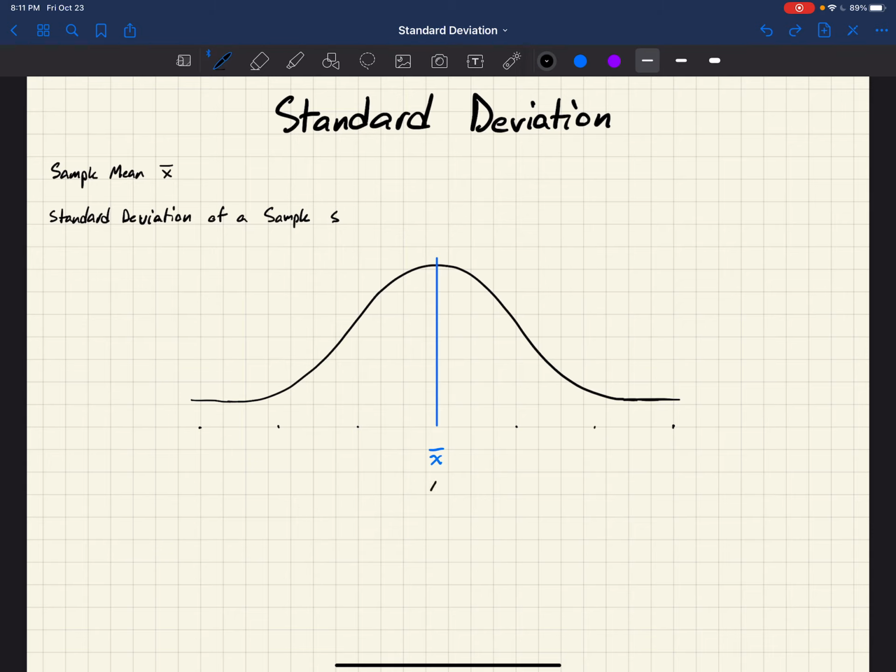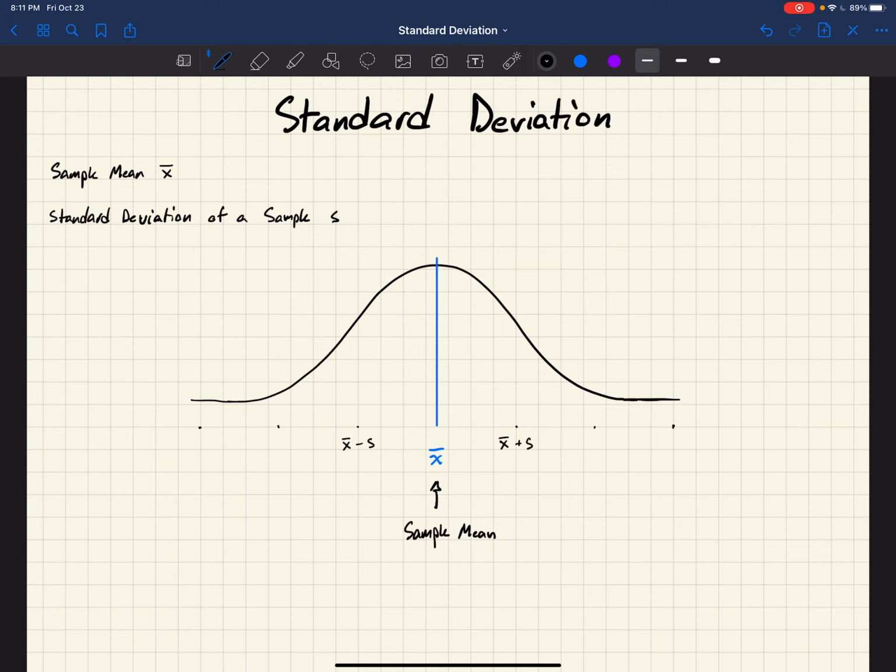From the mean, x bar right here, this is the sample mean. One standard deviation above the sample mean would be the sample mean plus one standard deviation. One standard deviation below the sample mean would be x bar minus one standard deviation.